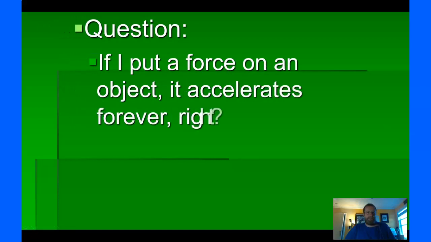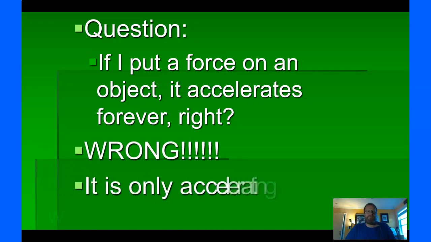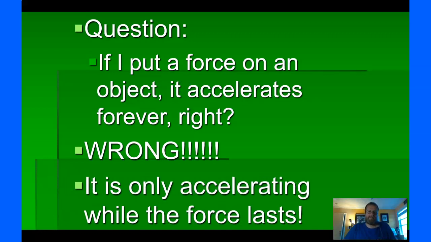Let me ask you a question. If I put a force on an object, it accelerates forever, right? Nope, it does not. It's only accelerating while the force lasts on it. So if I throw a football, it's accelerating while I'm throwing it, while it's in my hand. As soon as I let go of it at the end of my throw, it's going to stop accelerating.